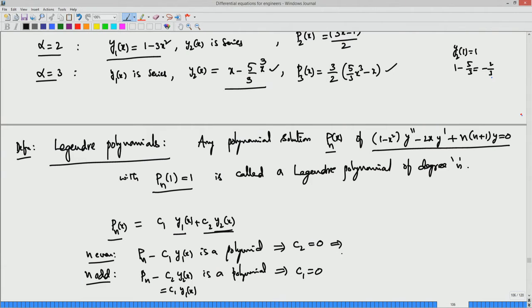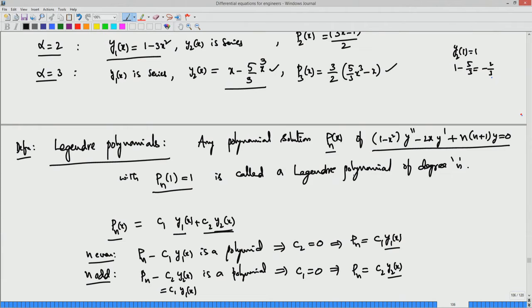So, in this case when C2 is 0, Pn when n is even is actually a constant multiple of y1 of x with some C1. Okay. Similarly, when n is odd, this is a constant multiple of y2 of x, that is a polynomial. Okay.